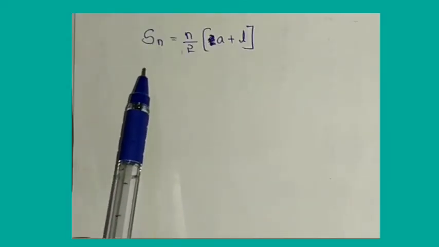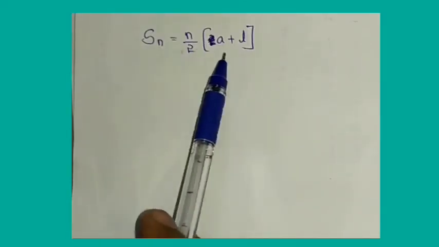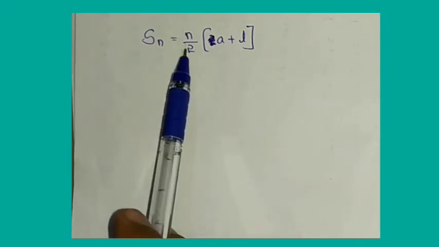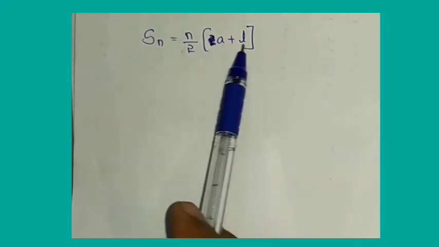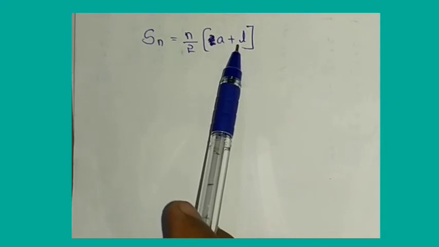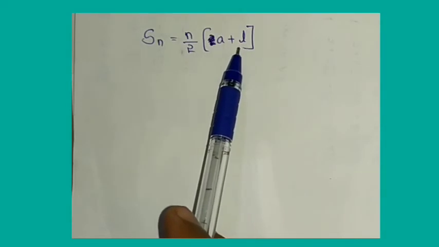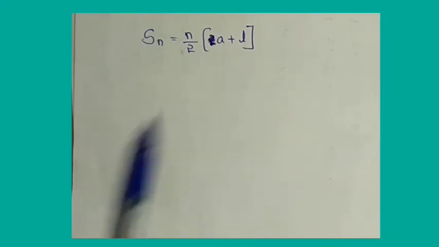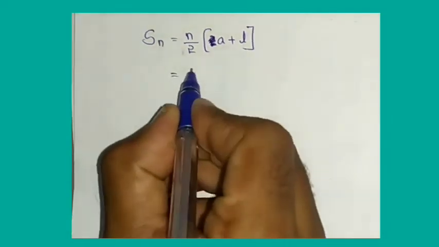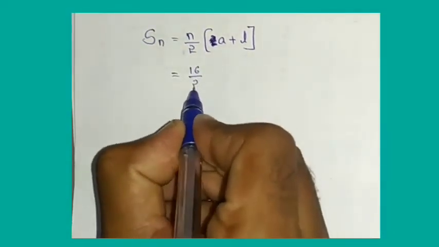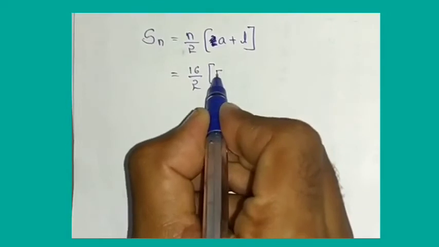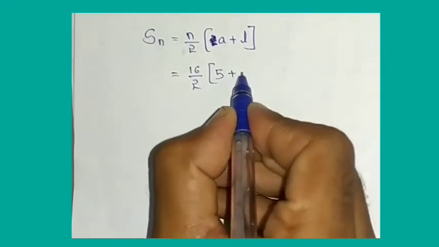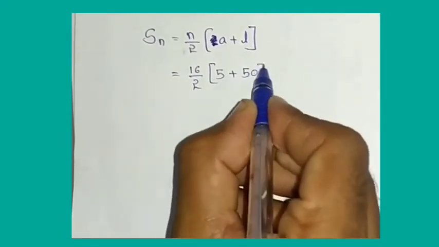So now we have to find the Sn. So I will use the formula n by 2 into a plus l. L, what is L? L is our last term, that is an. So now substitute the values. So we got the n, that is 16 by 2. A we know, that is 5, and L also they have given, that is 50.